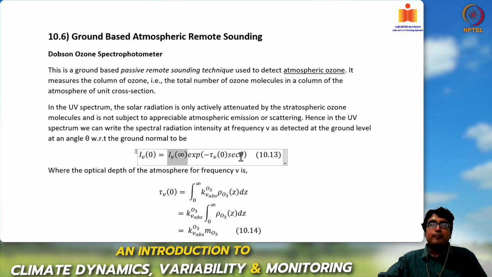Sec theta is 1 by cos theta. We derived this expression when we looked at how shortwave radiation propagates through the atmosphere towards the ground. This is the same expression that is being exploited by the Dobson ozone spectrophotometer.